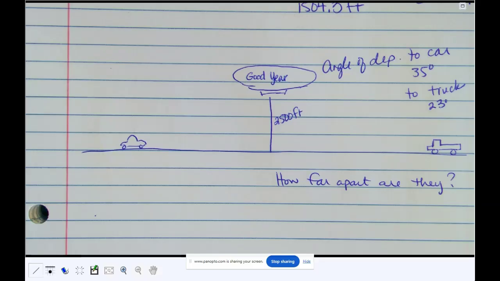Angle of depression, horizontal and down. Depression is down.